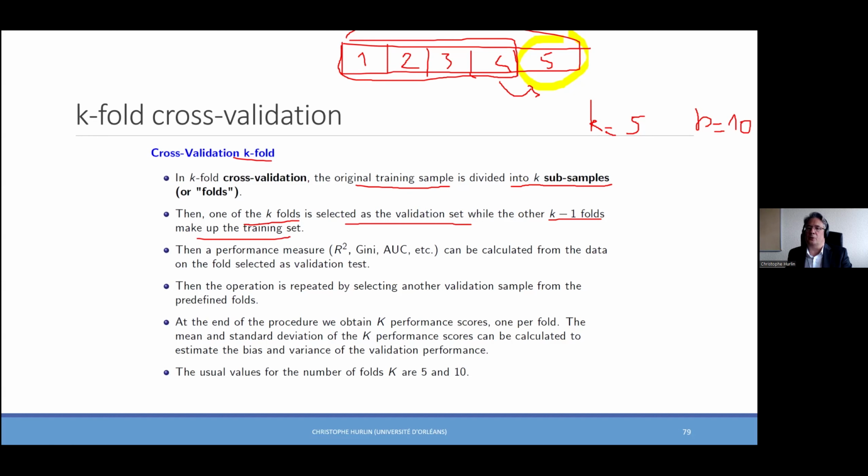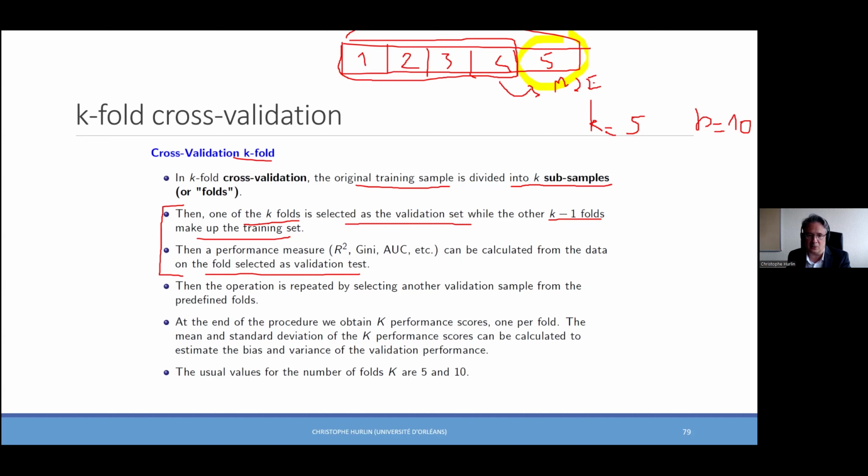We compute a performance measure, R-squared for instance, from the data of the fold selected as validation. So I can compute, for instance, the MSE. Then this operation is repeated by selecting another validation sample from the predefined folds.